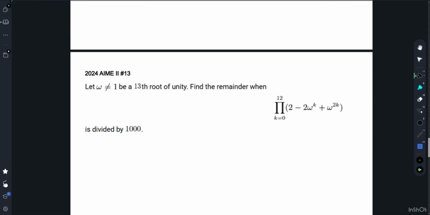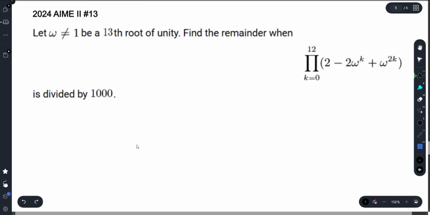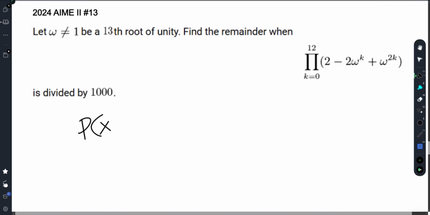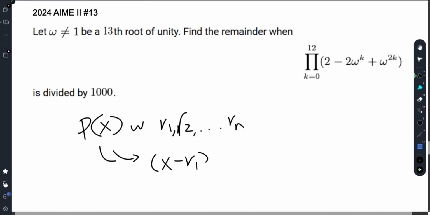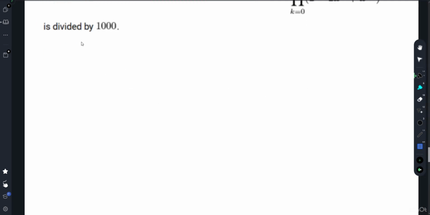Okay. So first of all, when we are given a polynomial p of x with roots r1, r2, through rn, we can always write this polynomial as x minus r1 times x minus r2 through x minus rn. So we experiment with some values of this.